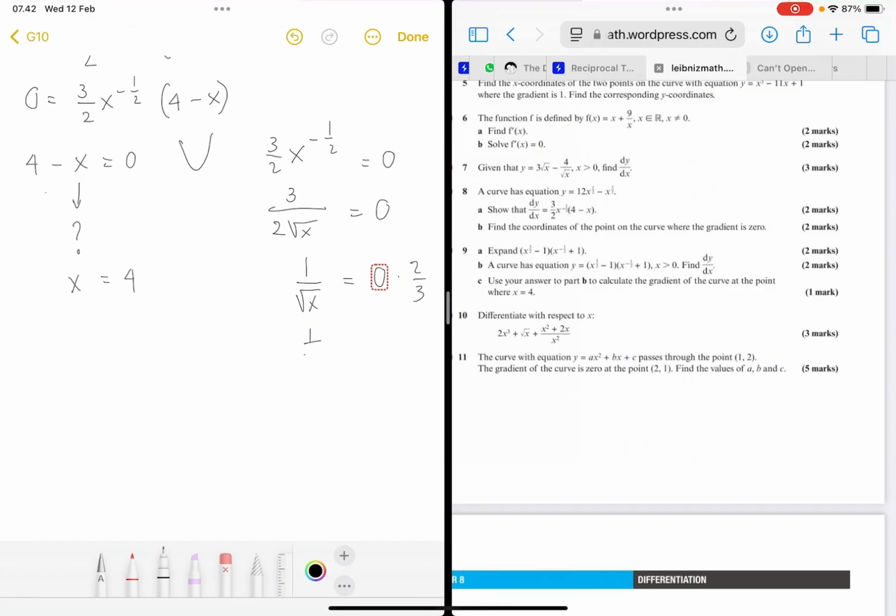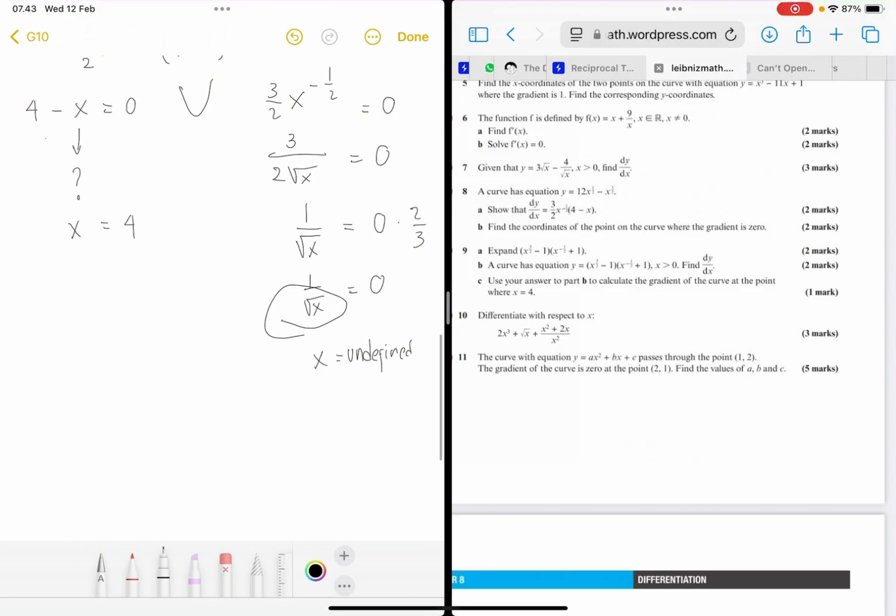This one becomes 0 still. But then the next problem, 1 over root x is equal to 0. What is the x value right there that can make it equal to 0? There is none, right? There is none, of course. That's why here x is an undefined value. Okay, so actually the one and only x that we have is only 4.